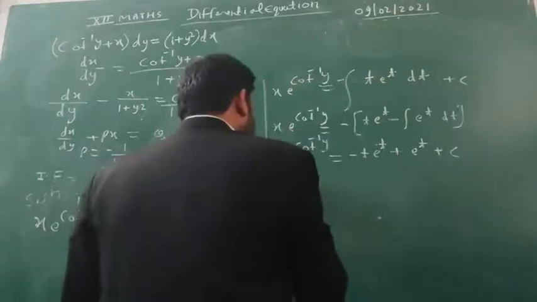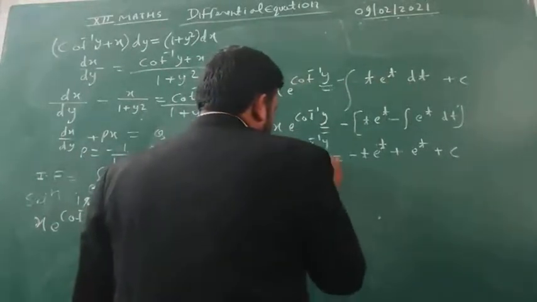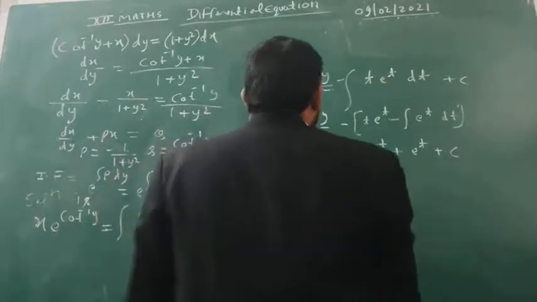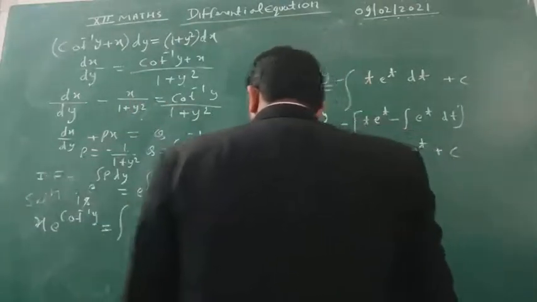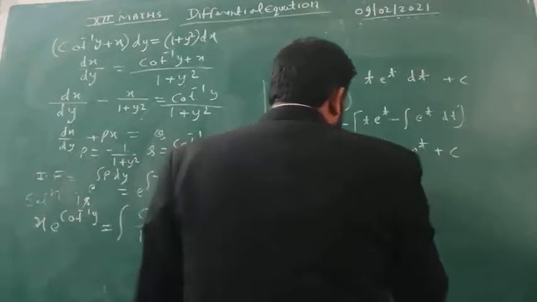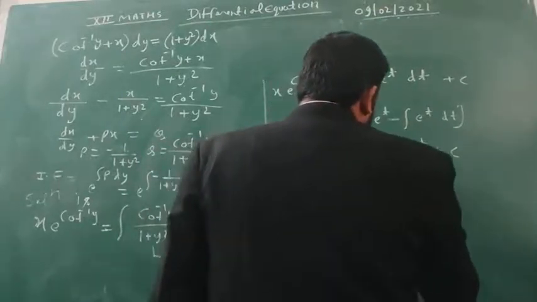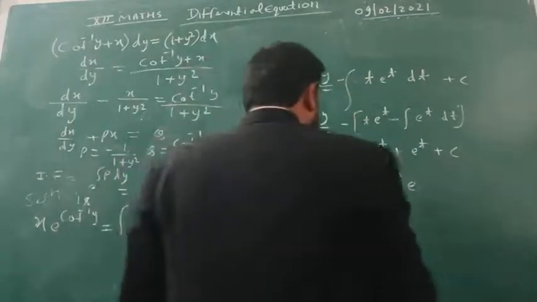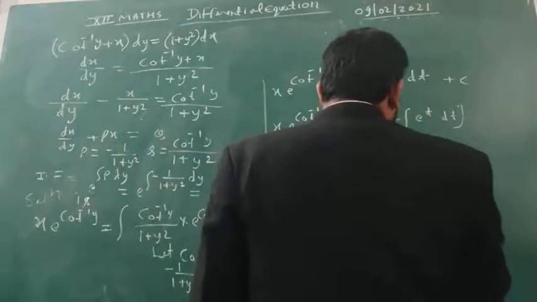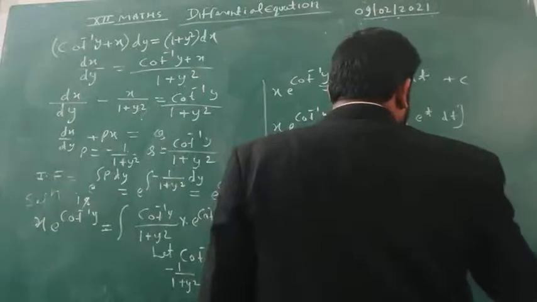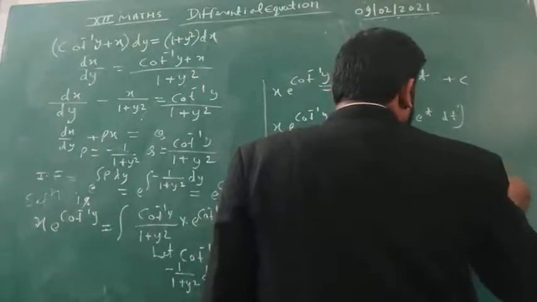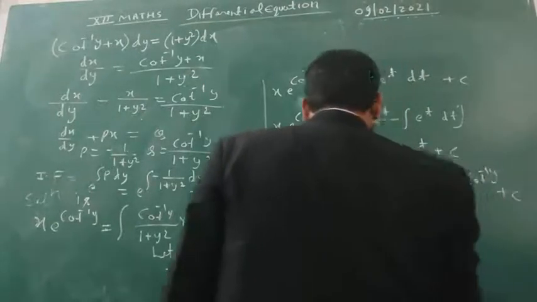So students, x e to the power cot inverse y is minus t, and our t is cot inverse y, and e to the power t. This we can write as minus cot inverse y e to the power cot inverse y plus e to the power cot inverse y plus c.